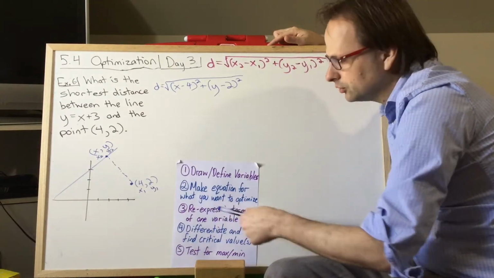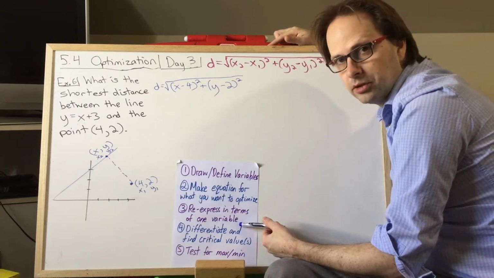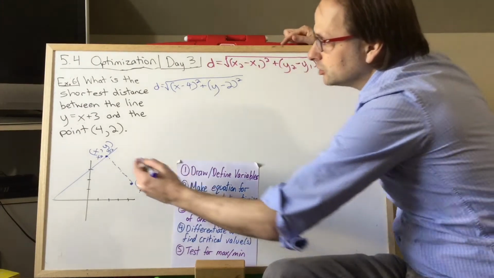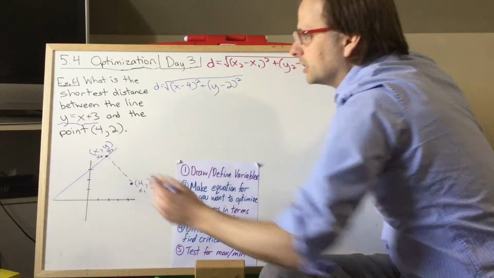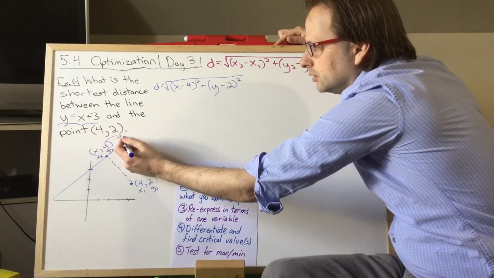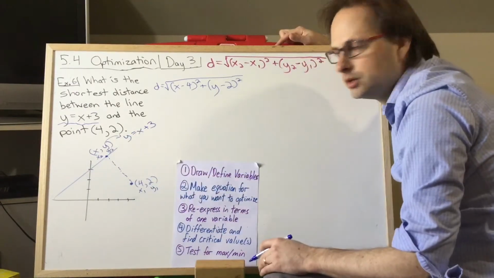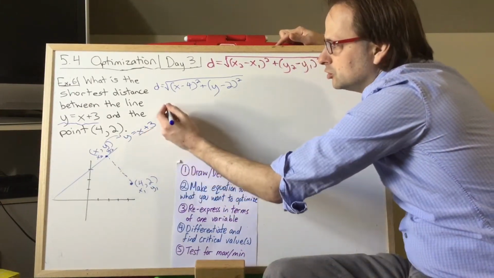There are too many letters, so let's see if there's something in the question that helps us re-express one variable in terms of another. And it's actually right in the definition of that line. Every point y on this line is actually just x value plus 3. So that gives us a little substitution we can make.